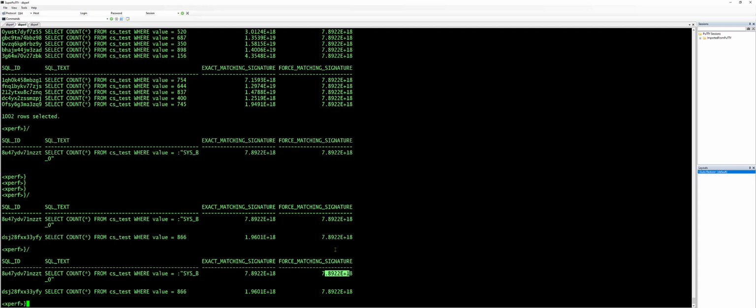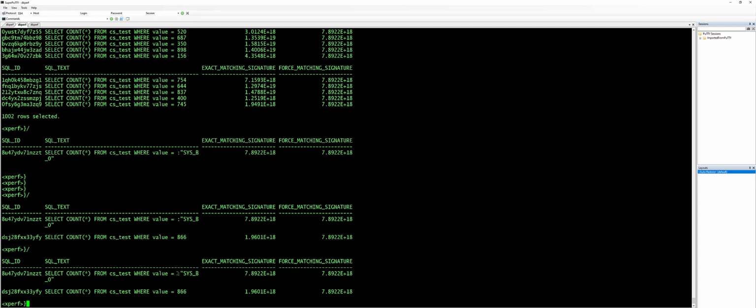So here Oracle shared all the SQLs with only one SQL ID. Oracle doesn't need to again and again recreate the SQL IDs, regenerate the hash values, and hard parse all the SQLs. Oracle shared all these different-value SQLs into only one bind variable SQL.